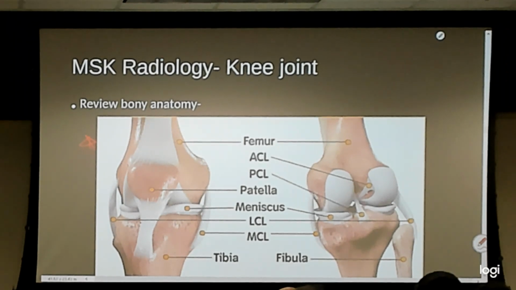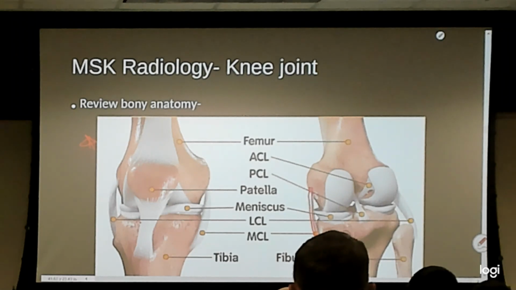I'm going to bring in with me my knee model that has all of the ligaments. But for those of you who need to understand this in 3 dimensions, this is a better picture for this, but my model is really better. But I like this picture in terms of showing where the ligaments are attaching and where cartilage is and meniscus and all that stuff.